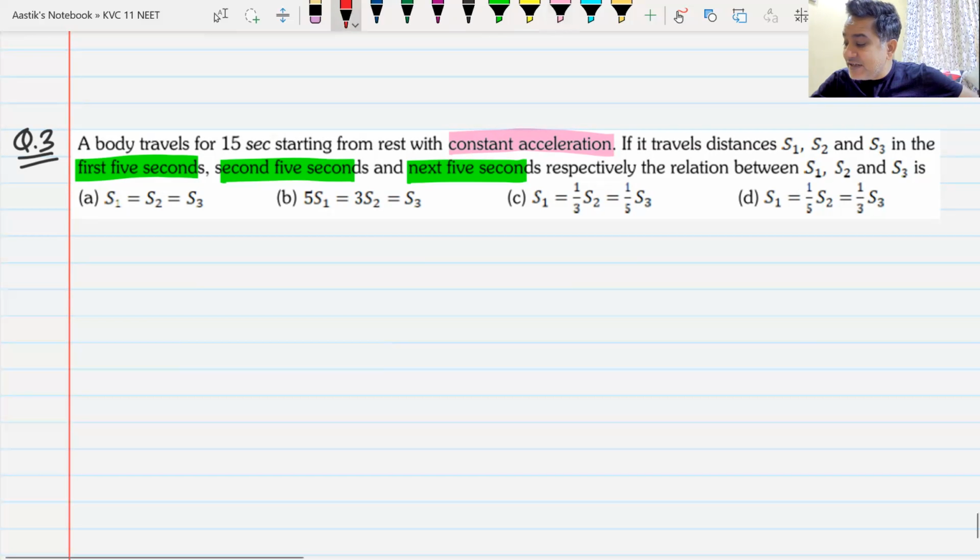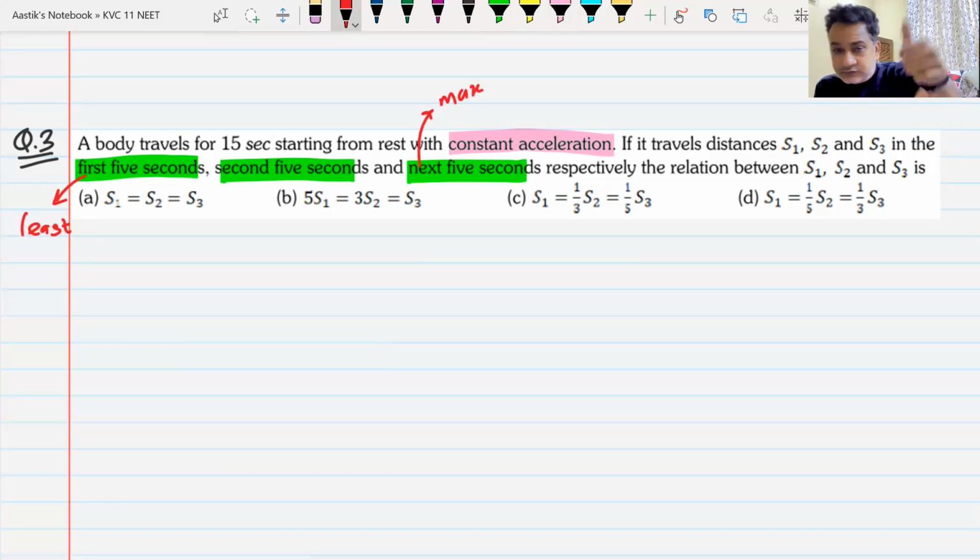It will travel least in this 5. Yes or no? It will travel the maximum in this one. Yes or no? It will travel least in the first 5. So S1 will be smallest and S3 will be largest.